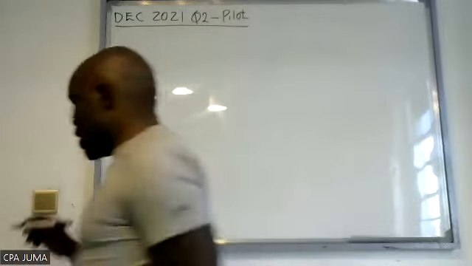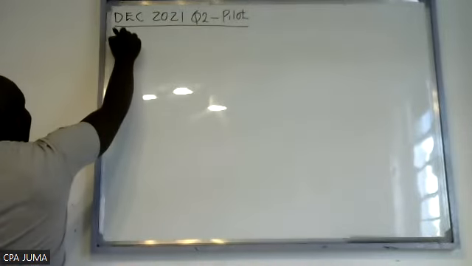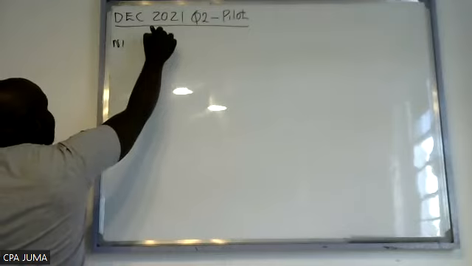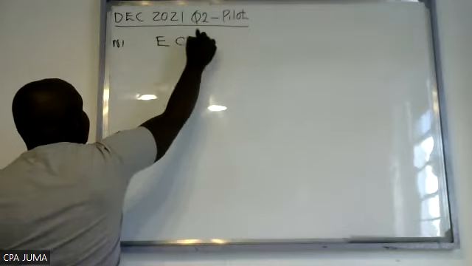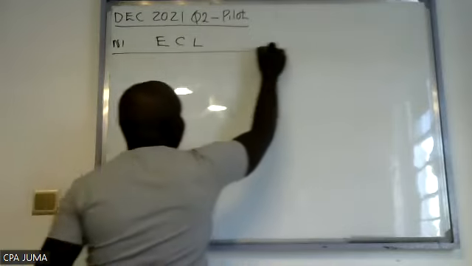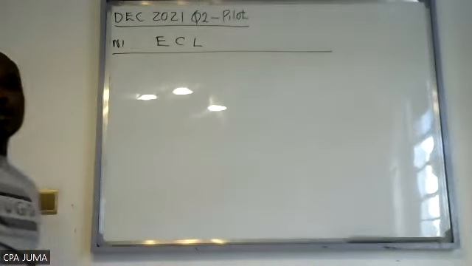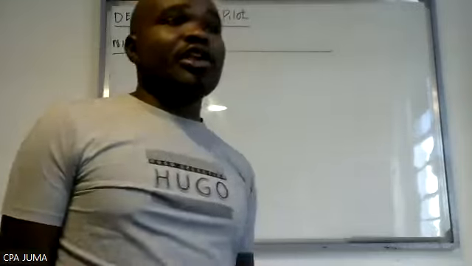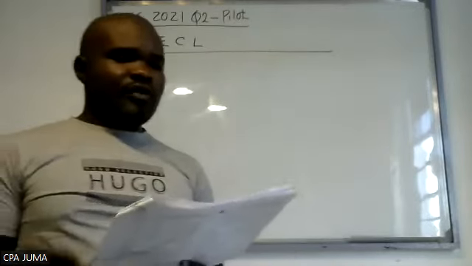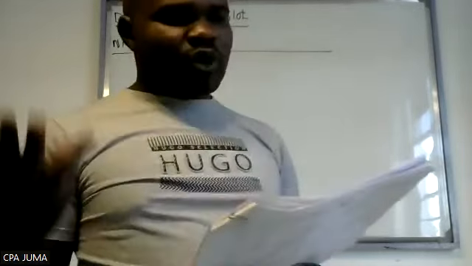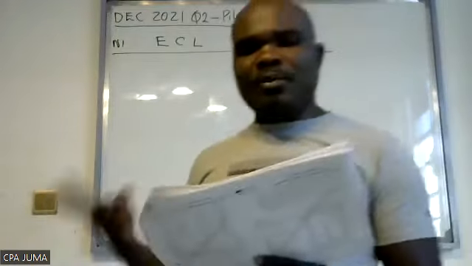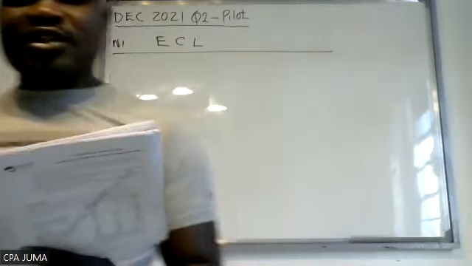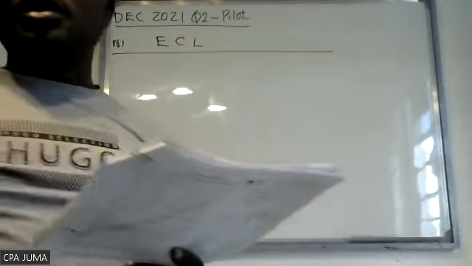Then we go to the second one. So we can just call it working 1. So working number 1, we want to estimate the expected credit loss. And remember, to get the expected credit loss, you will take the exposure at default times the probability of default times the loss given default.